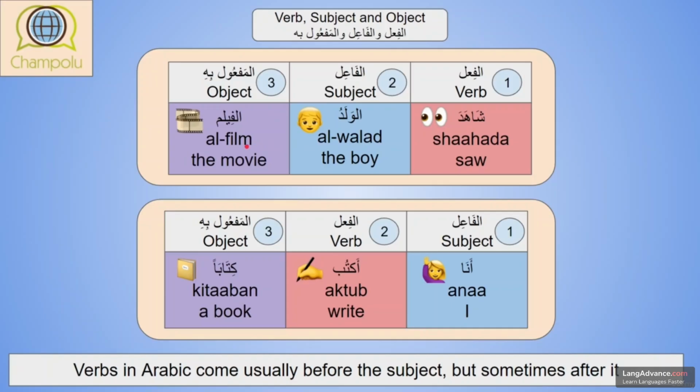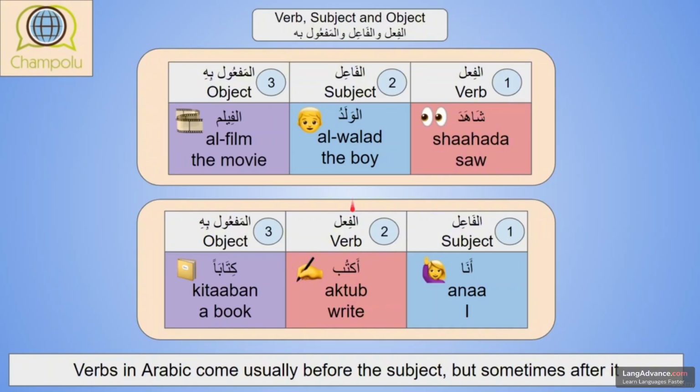When we have a sentence that has a pronoun subject, such as أنا or me, then it will be أنا أكتب كتابا. So you'll find that the subject is in the beginning of the sentence, and then the verb, and then the object. It is also possible, if the subject is a noun or a noun phrase, to be in the beginning, though there is usually some preference to have the verb in the beginning.